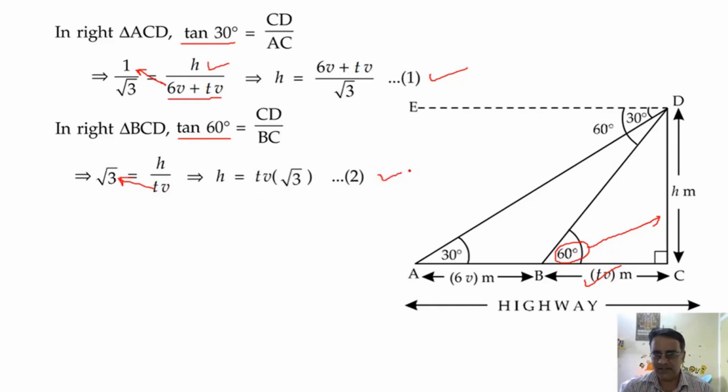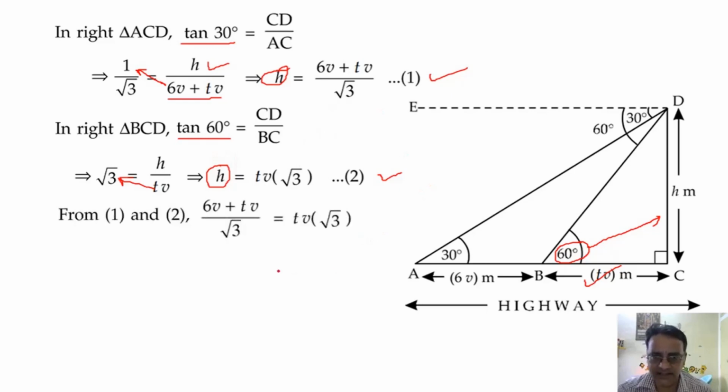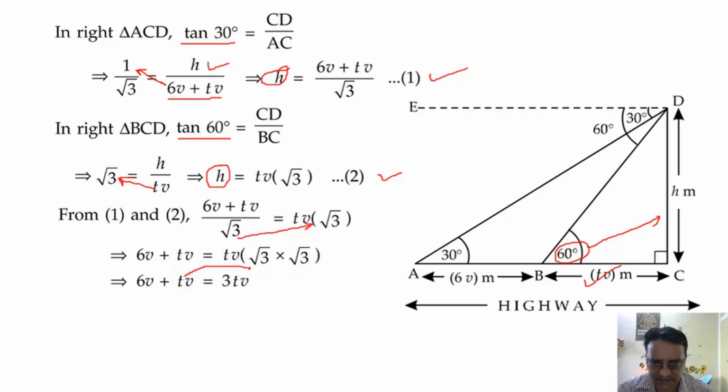अभी first equation और second equation में left hand side दोनों same है, so we can compare the right hand side. So from equations 1 and 2 we get (6v plus tv) upon root 3 is equal to tv root 3. फिर ये cross multiply करेंगे तो कितना हो जाएगा? Root 3 into root 3, 3. Root 3 into 3 हो जाएगा. Now shift this tv to this side.